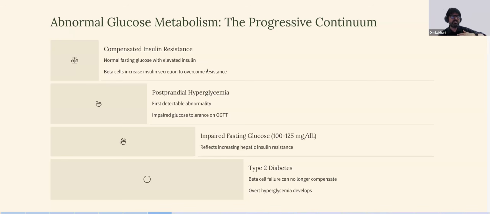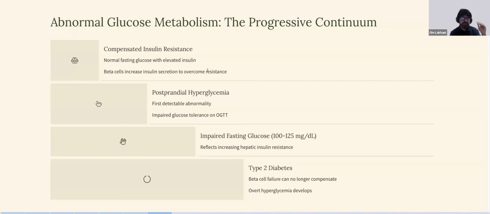At that point the insulin production does not match the insulin resistance and the blood sugar starts going up. Just remember this very important thing: as long as the body's insulin production matches the insulin resistance, the blood sugar does not go up. But at the point where the body's insulin production cannot match the insulin resistance, you start developing hyperglycemia.